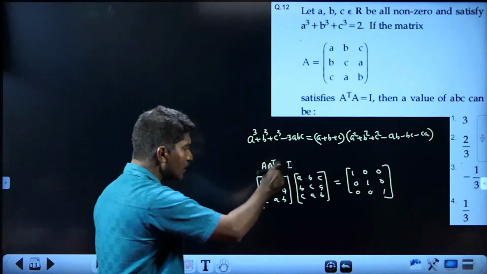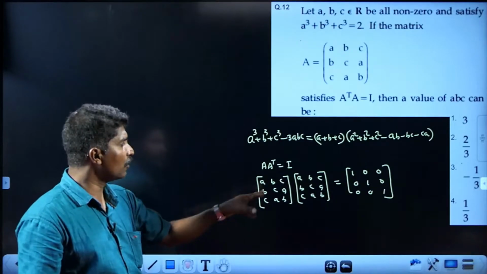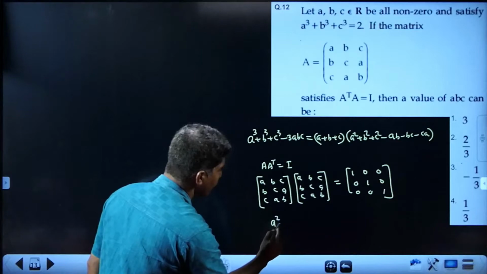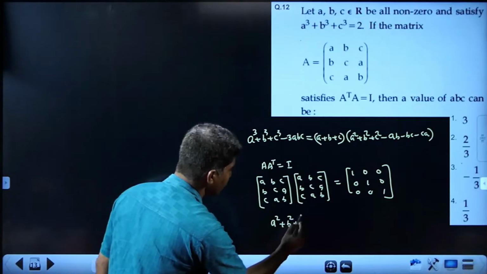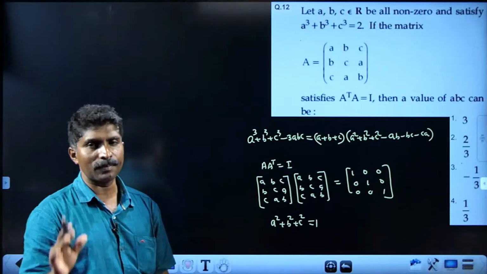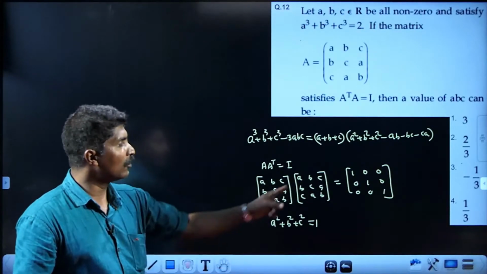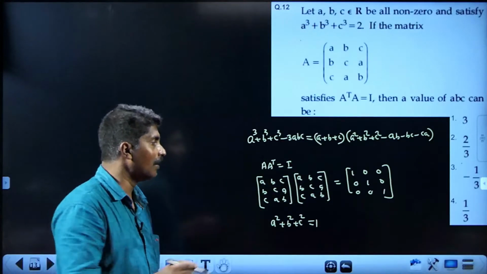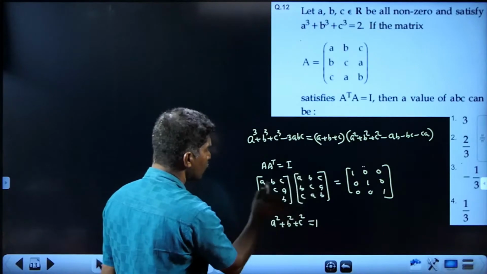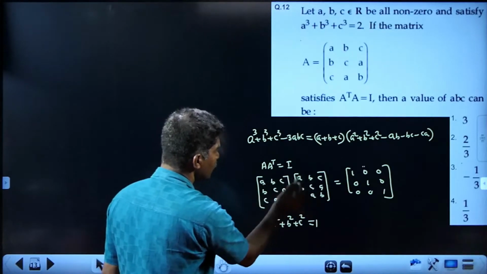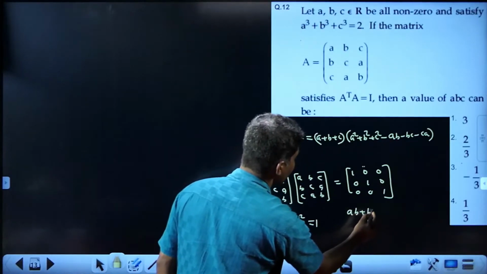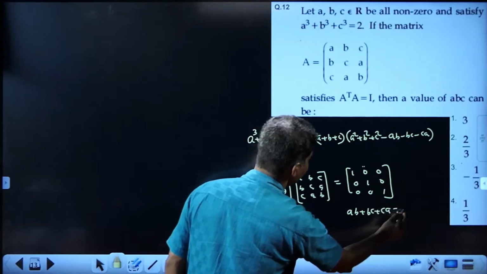The first row into the first column will give a square plus b square plus c square, so a square plus b square plus c square is equal to 1. All the diagonal elements will be a square plus b square plus c square, equal to 1. And for the other elements, first row into second column, ab plus bc plus ca, will be equal to 0.